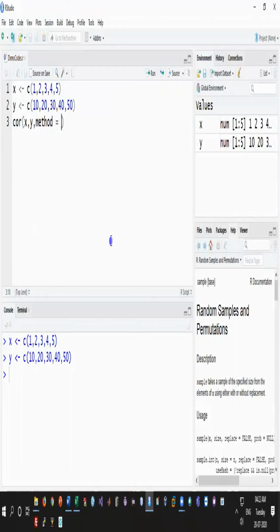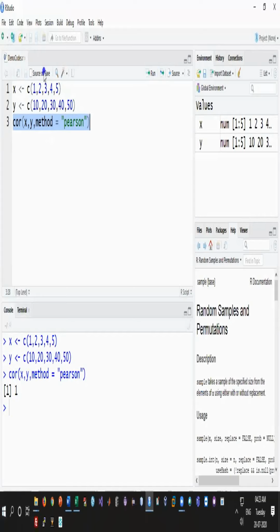So using the phrase method, now inside that, I can start with the first one, which is kind of popular, and I say Pearson for this purpose. So I'm using a Pearson method to find out the correlation. Now I see the correlation is 1. The value of the correlation coefficient is 1.